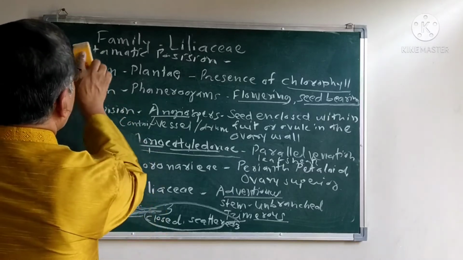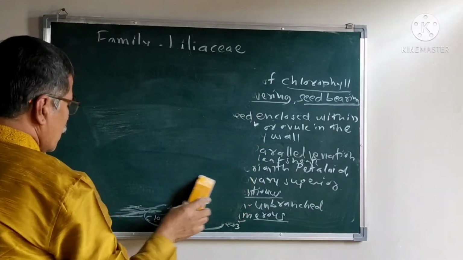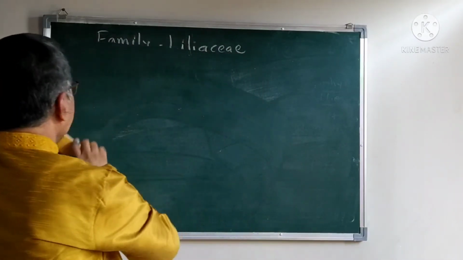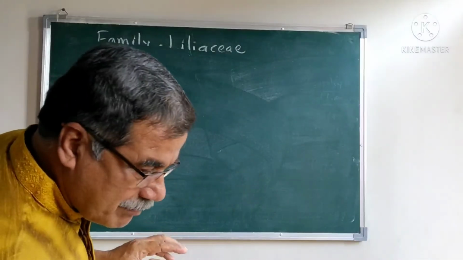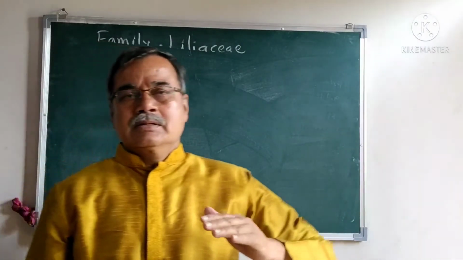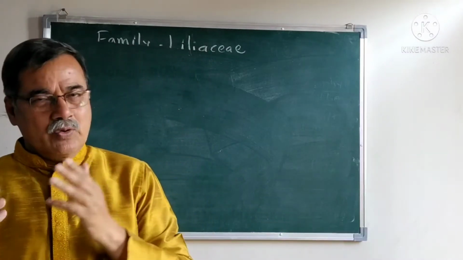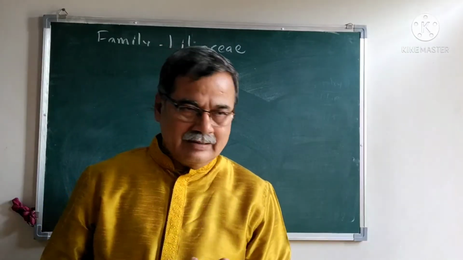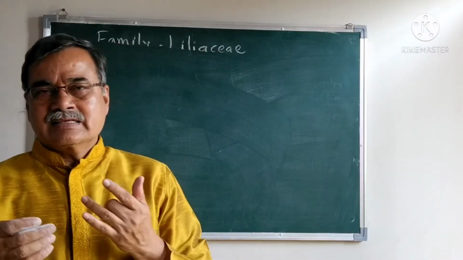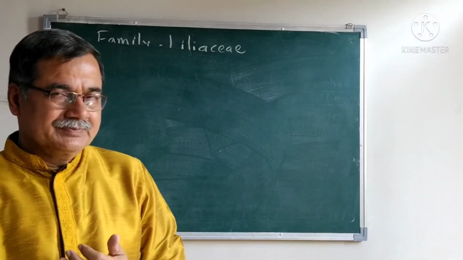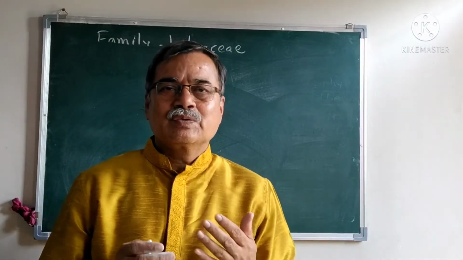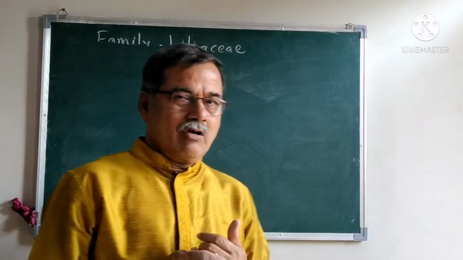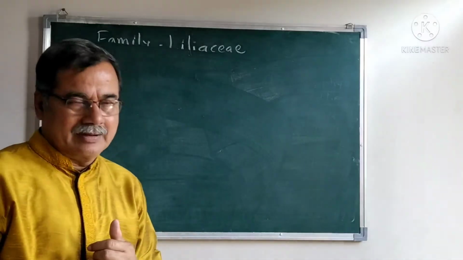Here we are going to discuss the morphological characters. Keeping in view the most common plants you are familiar with: Allium cepa, onion; Allium sativum, garlic; Asparagus racemosus, shatavari; Aloe barbadensis, kumari; Gloriosa superba, the flame lily or candle plant.